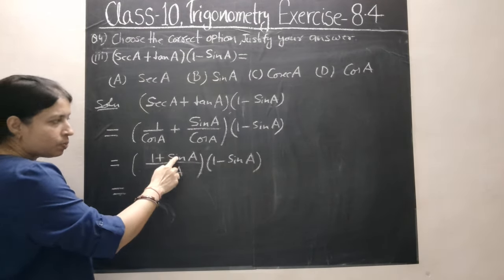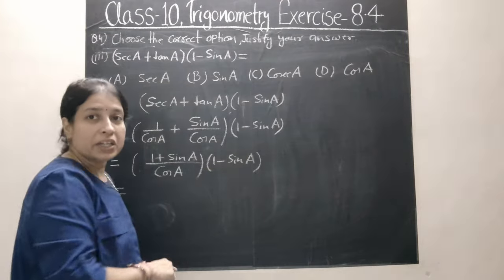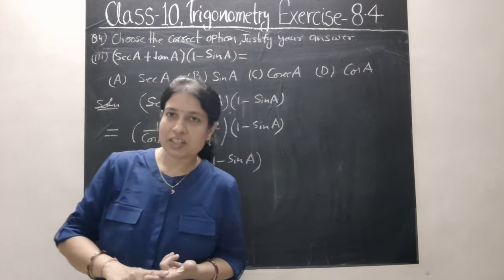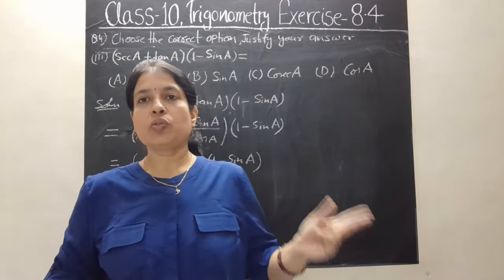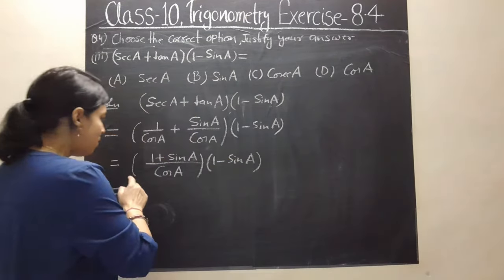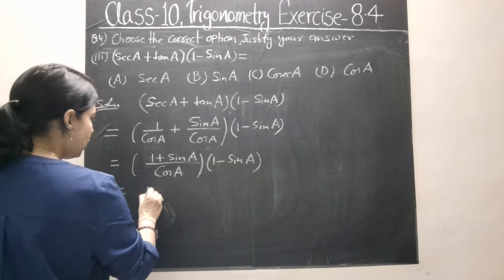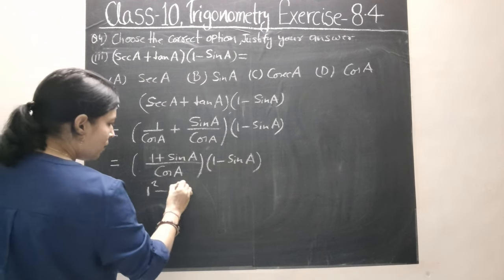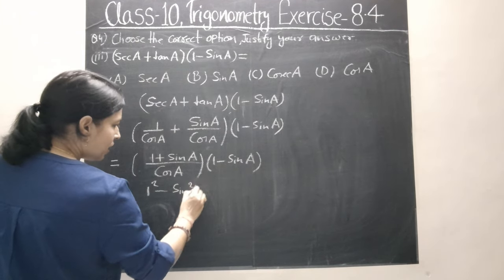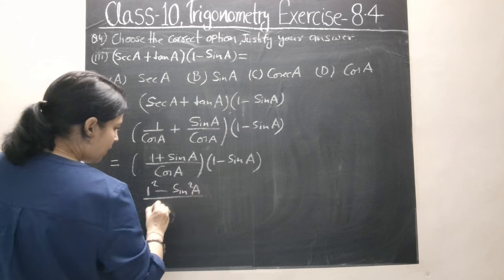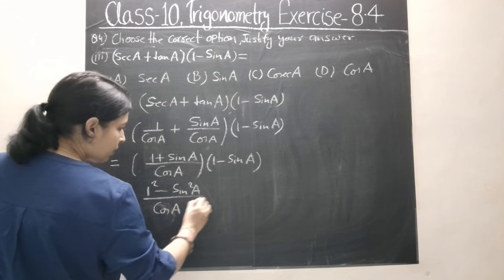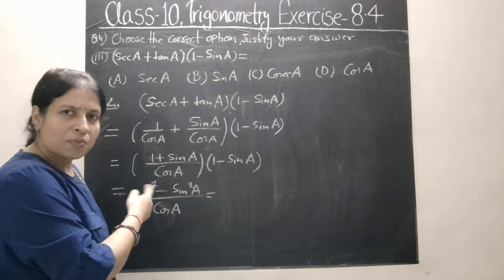Here A plus B into A minus B. Again A plus B into A minus B is equal to A square minus B square. Use that formula. So you will get 1 square minus sin square A divided by cos A. So 1 means square of 1 will be 1.